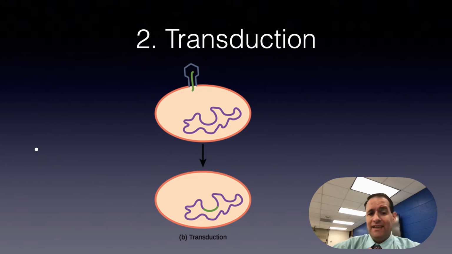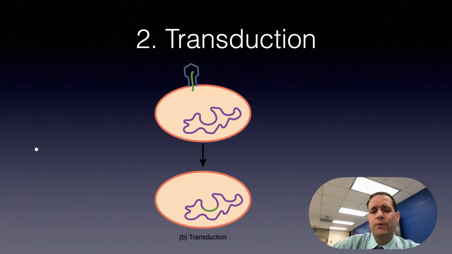In transduction, a bacteriophage, a virus shown here in blue, I guess we could call that color, up there on the top, can move short pieces of chromosomal DNA from one bacteria to another. That green little line is some DNA, okay?